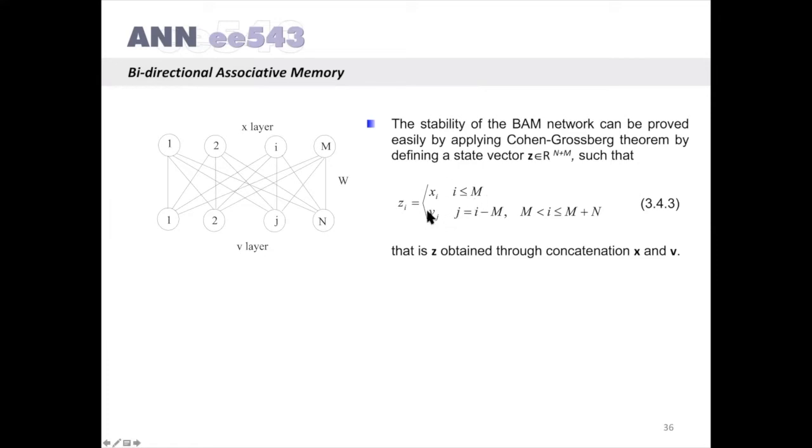In that case, we are using vj where j is equal to i minus m, and i is between m and m plus n. That is obtained through concatenation of x and v. So we are considering the neurons here, and then we are concatenating with the neurons in the V layer. Either we are using the activations or the outputs of these neurons.